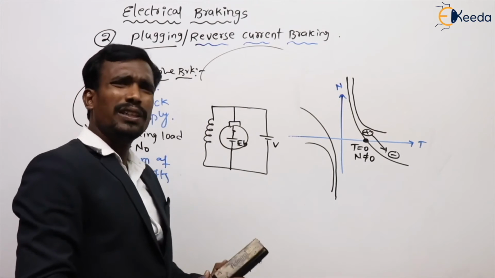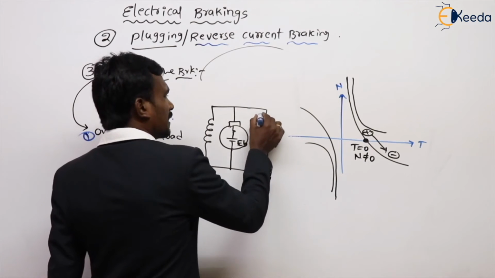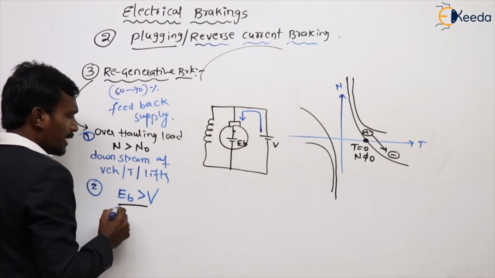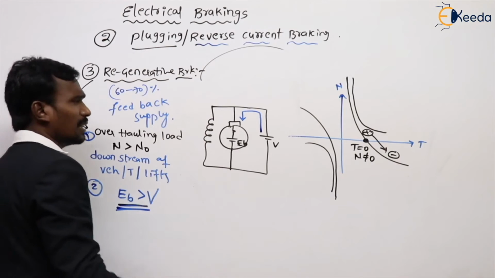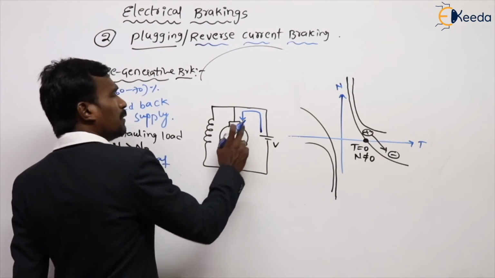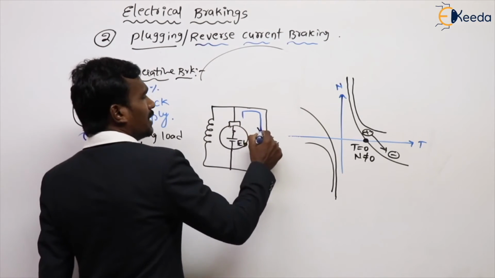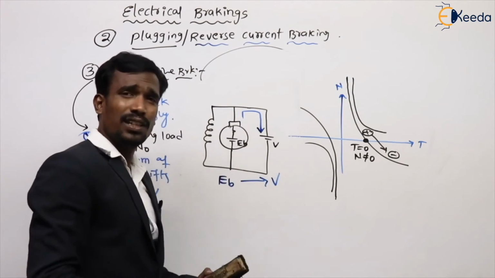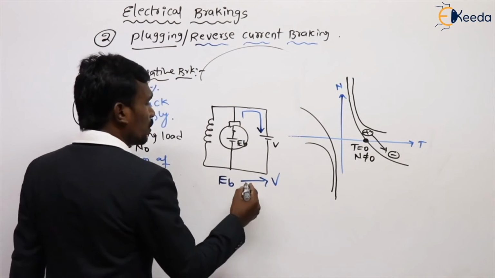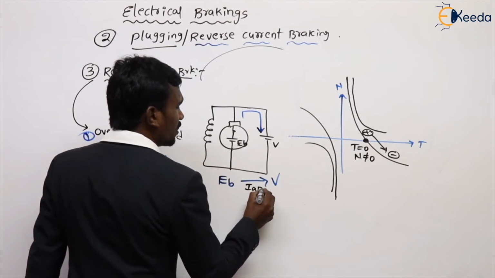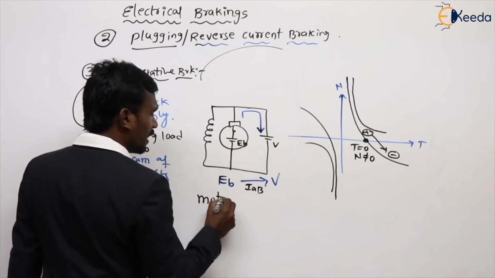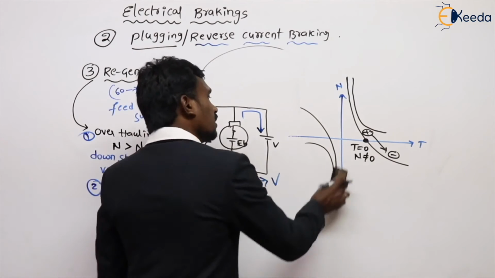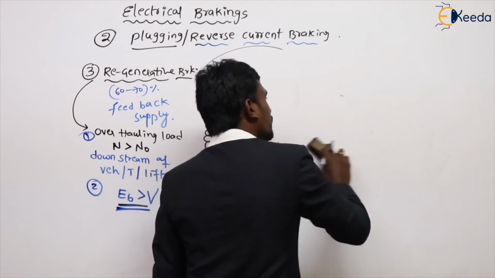So generally a motor should take the current like this. But what I am telling is that here back EMF is greater than the supply voltage. If back EMF is greater than the supply voltage, then the current flows from the back EMF to the supply. Nothing but the motor acts as a generator in this case, and in dynamic braking also the motor acts as a generator. This is not a motor now in regenerative braking.